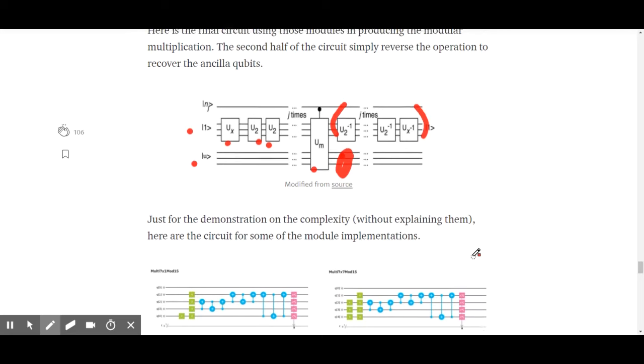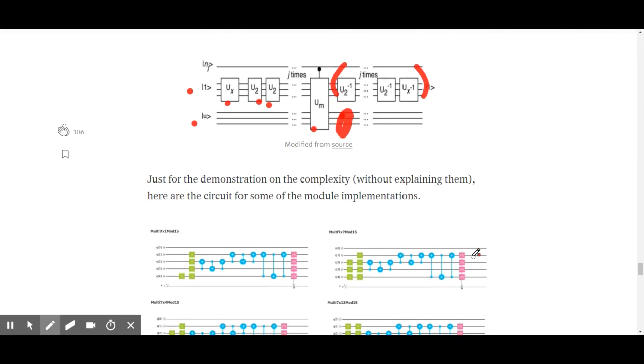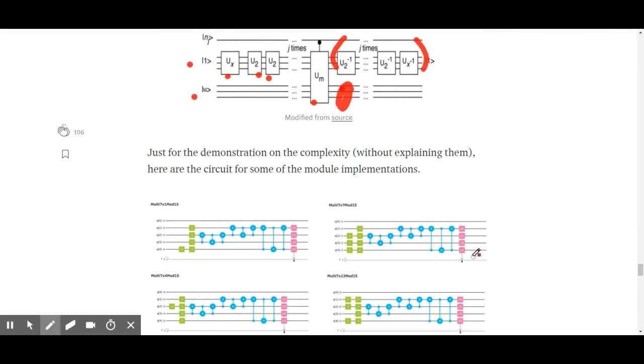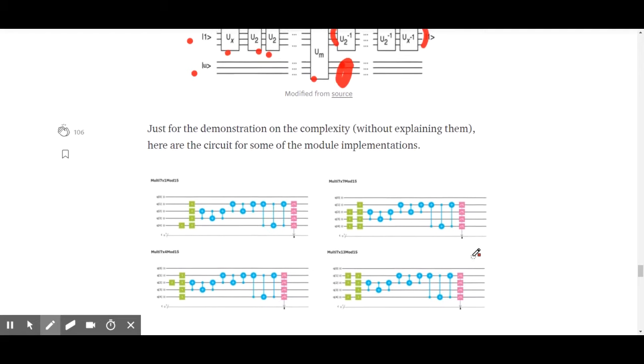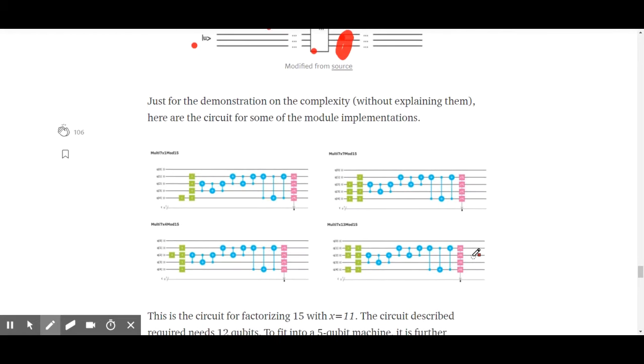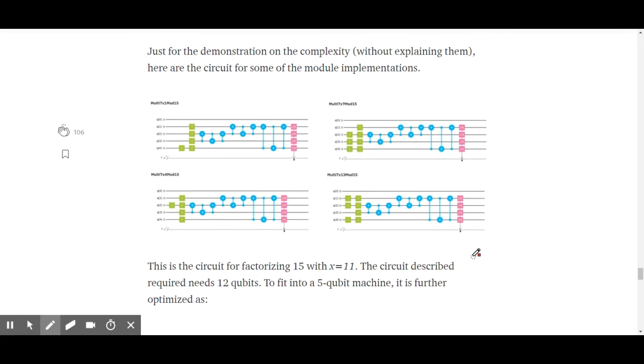Here are the circuits for some of the modular implementations. Crazy. This is a circuit for factoring. This is the circuit for factorizing 15 with x equals 11.